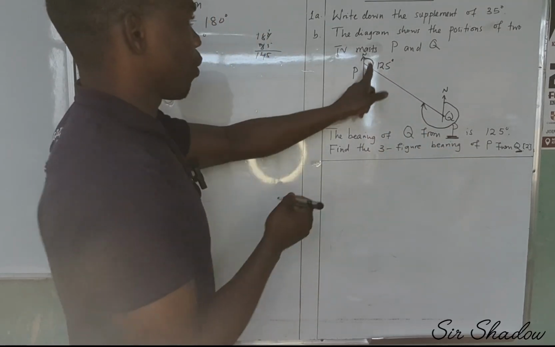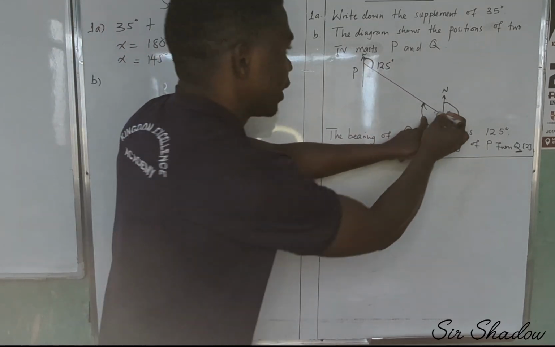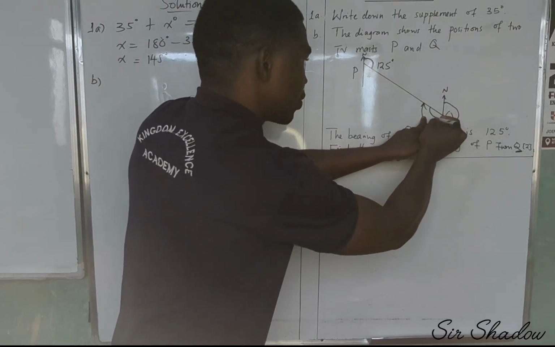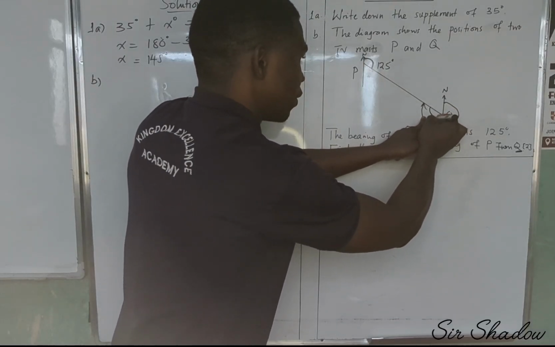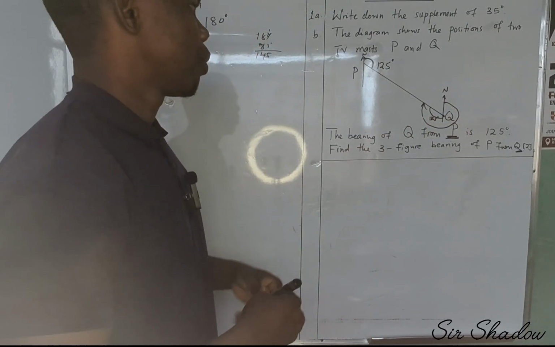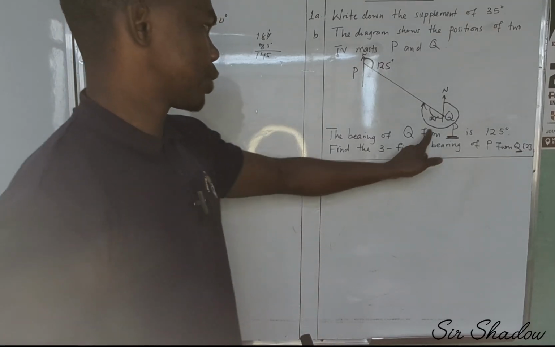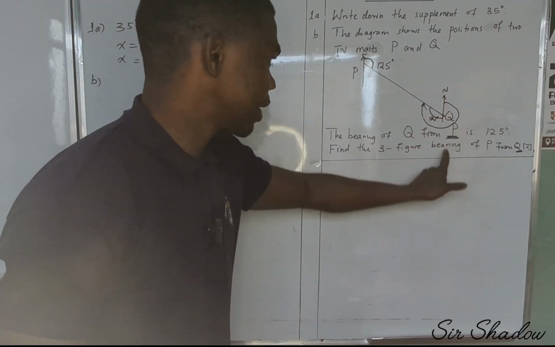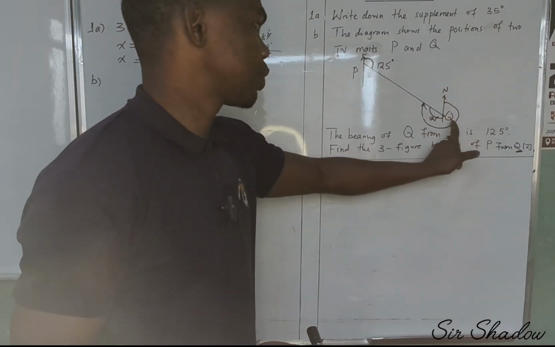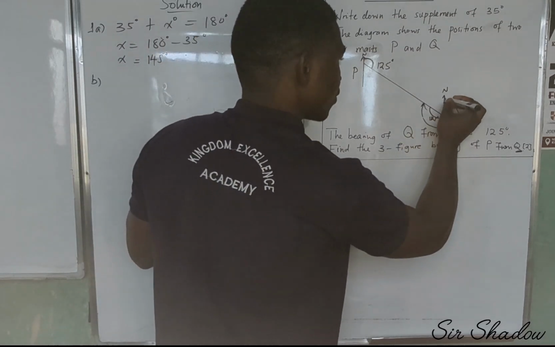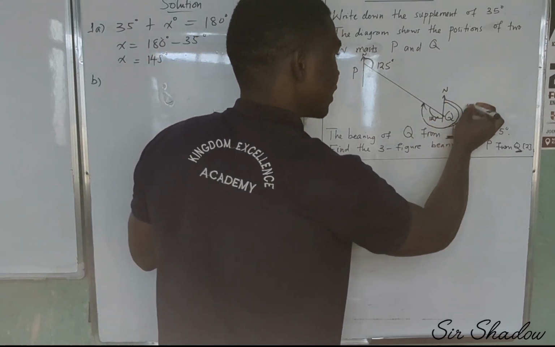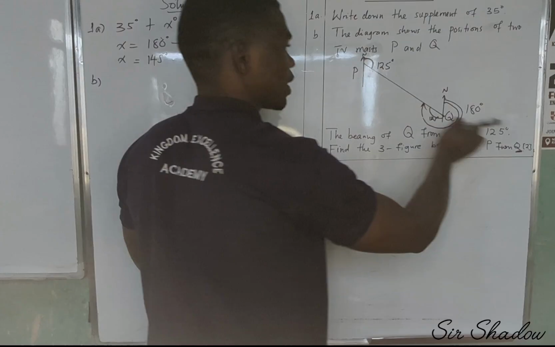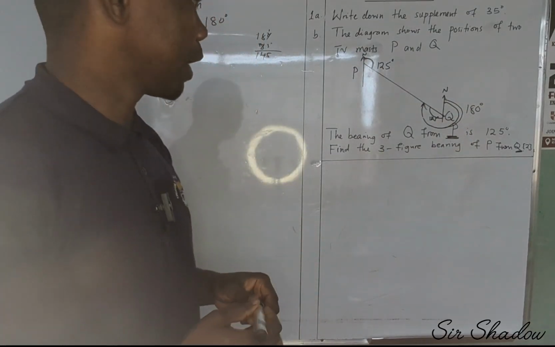So 125 degrees is also here. This one is also 125. Or else, since this one is 125, but remember this one is a straight line, the outer one is 180 degrees.